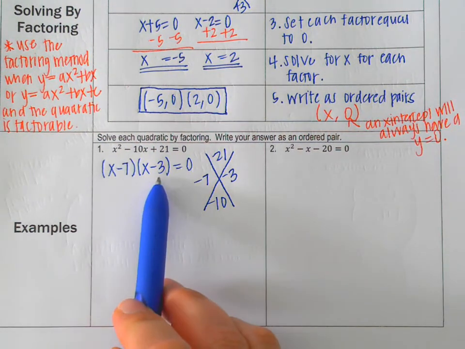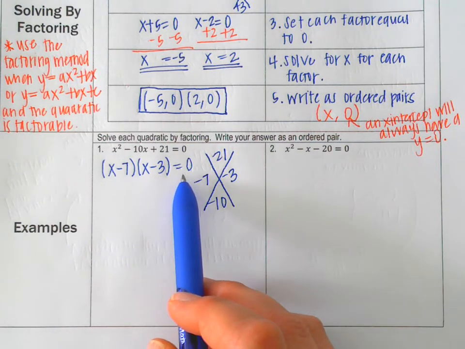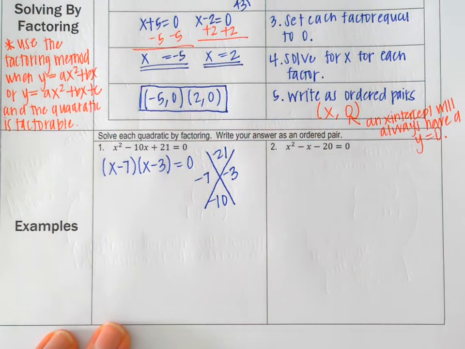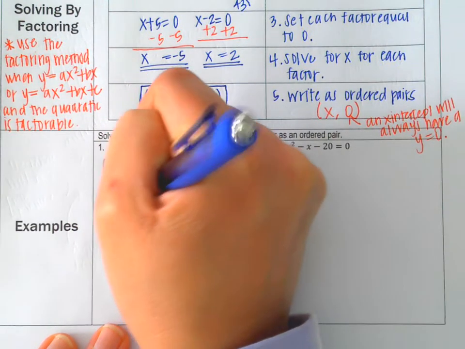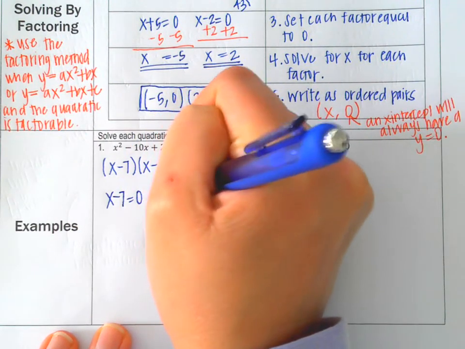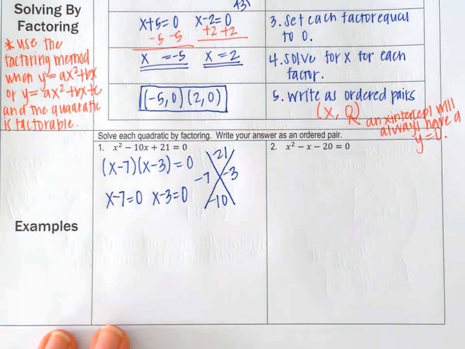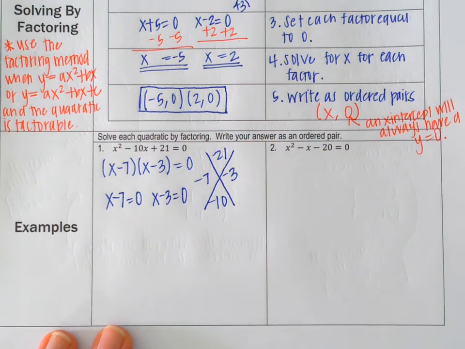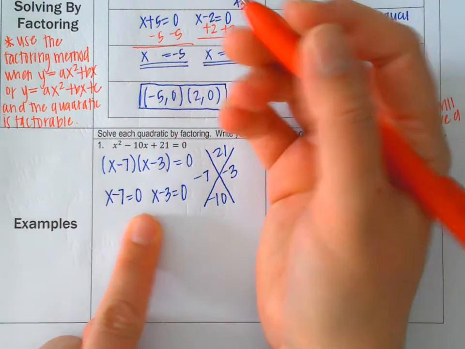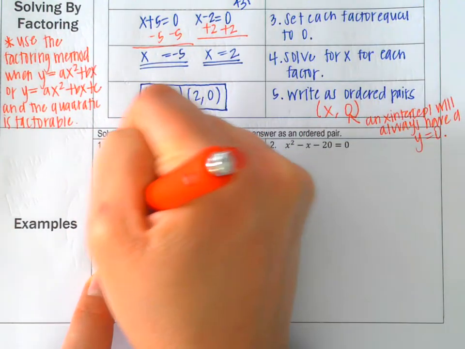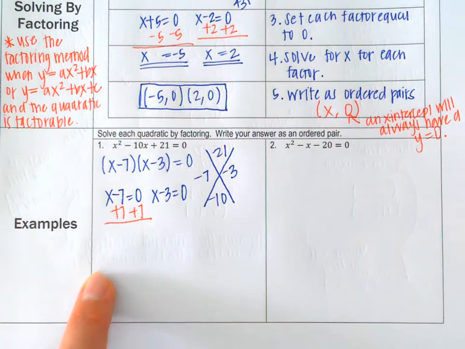Now that it's fully factored and it's equal to 0, I can set each factor equal to 0. x minus 7 equals 0 and x minus 3 equals 0. And now I can just solve each of them for x separately. So x minus 7 equals 0. I'm just going to add 7 to get x by itself.